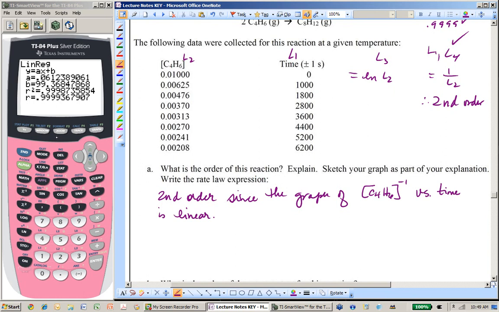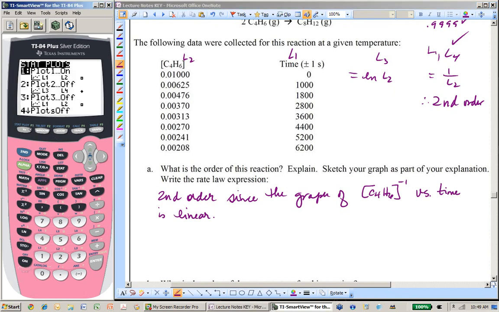So I need to go set up L1, L4, but you know what it's going to look like, right? If you don't, then it's worth graphing. It's the only one with a positive slope. Zoom 9. Stop that.